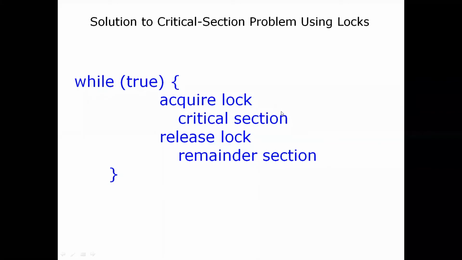If any process is inside the critical section, that means the critical section is locked, and other processes willing to enter should wait. That is the lock concept, a solution to the critical section problem using locks.